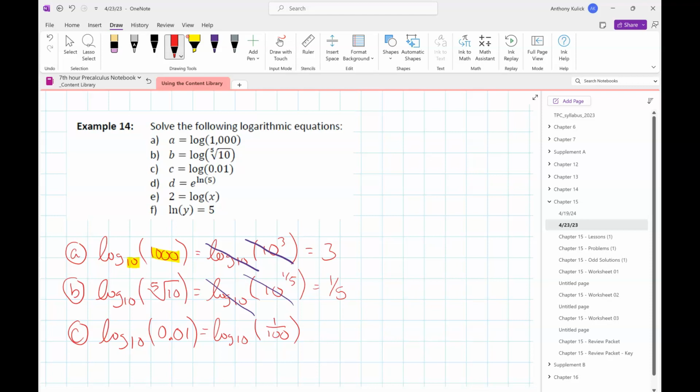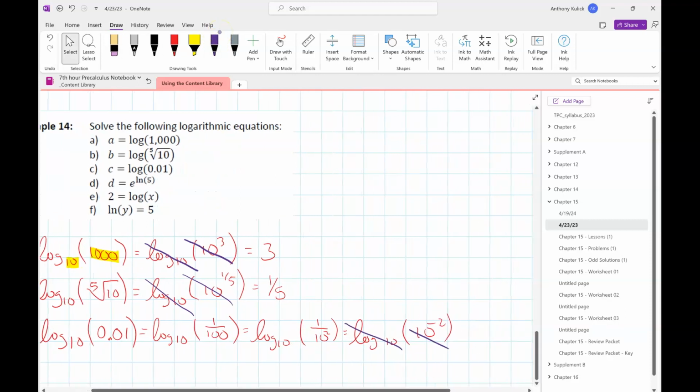It would have spit out 1 over 100 for you. And I recognize 1 over 100 as, well, 100 is 10 squared. And when I have a reciprocal like that, I know it's the same thing as a negative exponent. And then I'm left with just the negative 2.